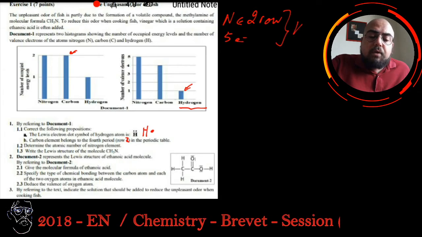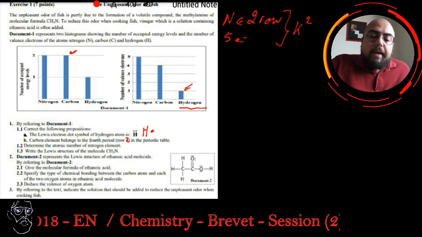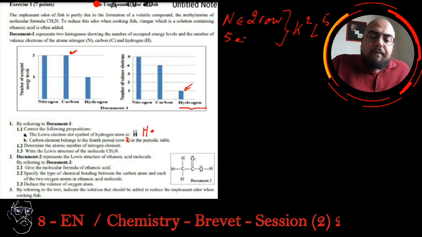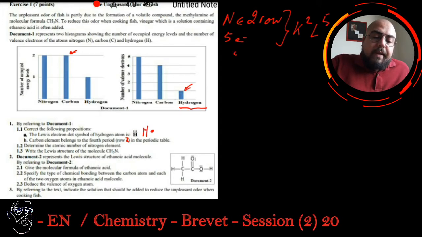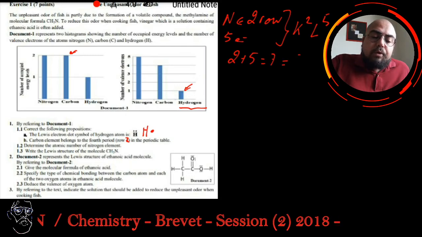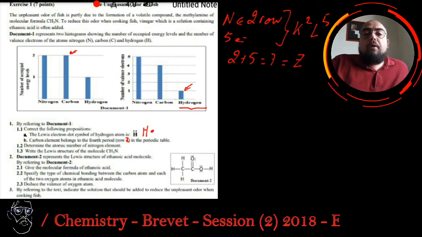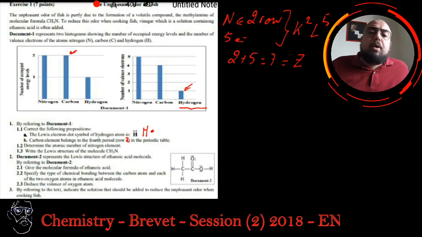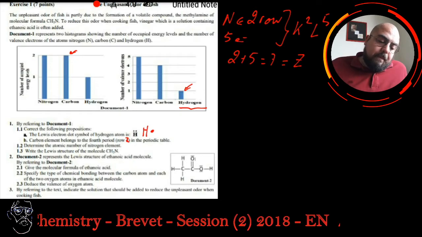From this I can deduce that the electronic structure is K2L5. So the number of electrons will be 2 plus 5, which is 7, and it will be equal to Z, which is of course the atomic number, simply because the atom is neutral.